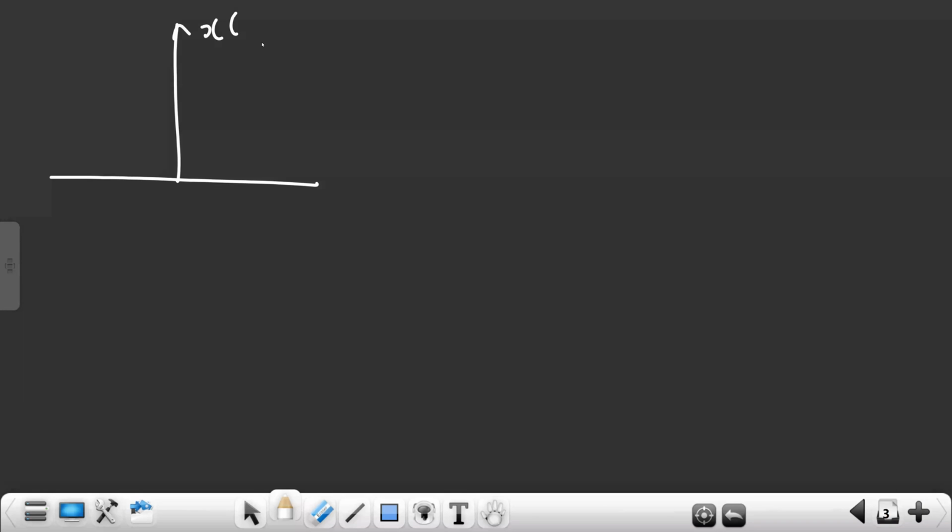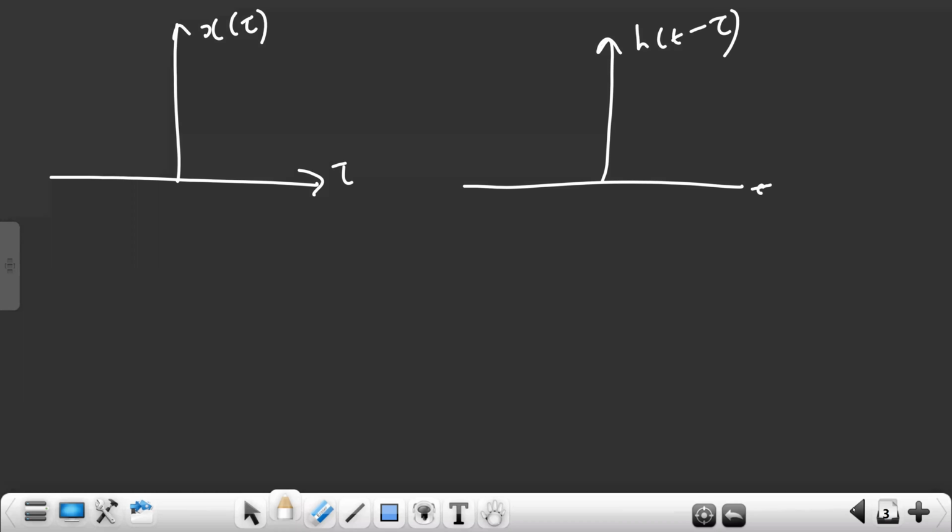So first I will be plotting x of tau versus tau, then I will be plotting h of t minus tau versus tau. X of tau was an exponentially decreasing signal from 0 to infinity. Now h of t minus tau is a shifted signal from minus infinity to t.